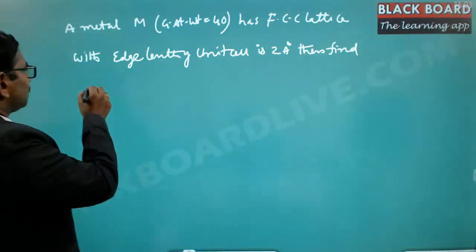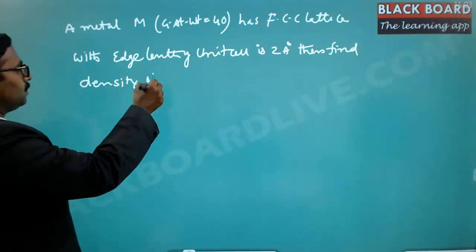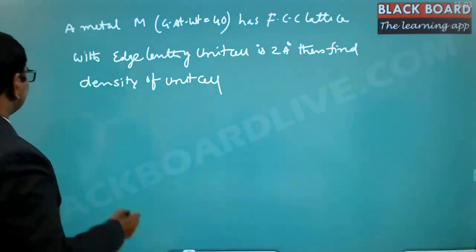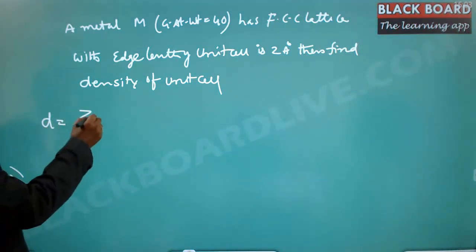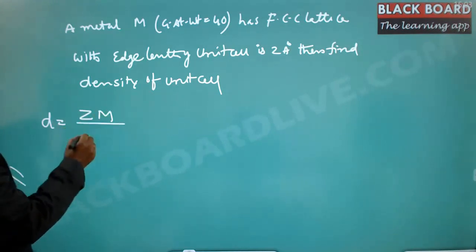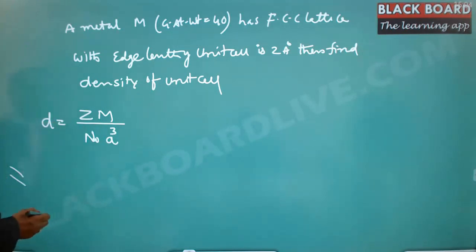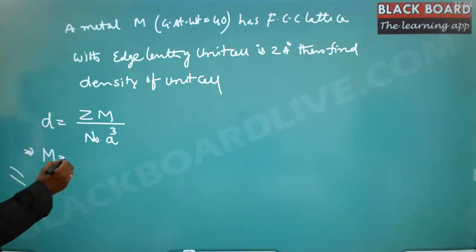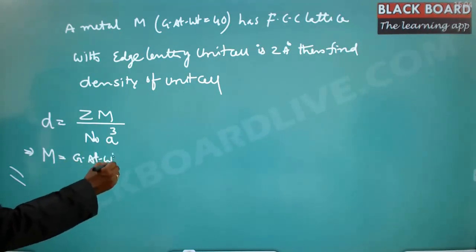Density of unit cell. Density formula D is equal to Z into M by N naught into A cube. Given that M is equal to gram atomic weight 40.